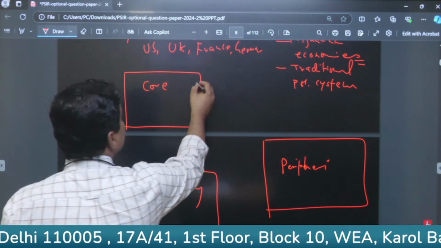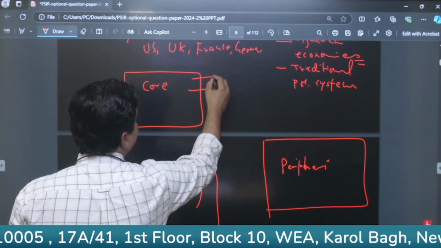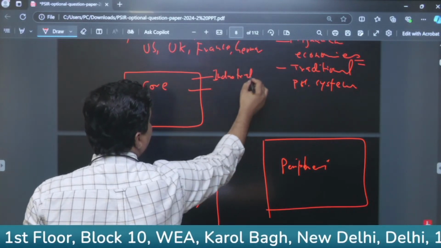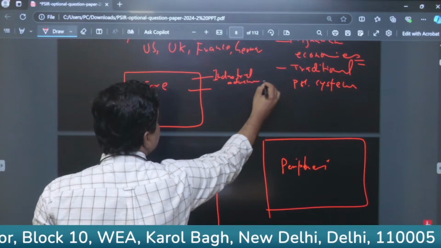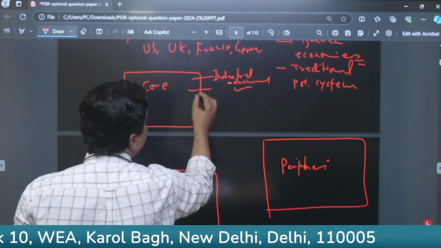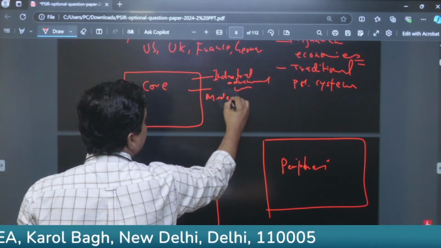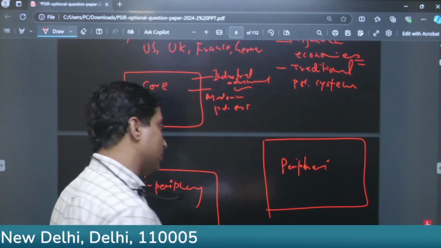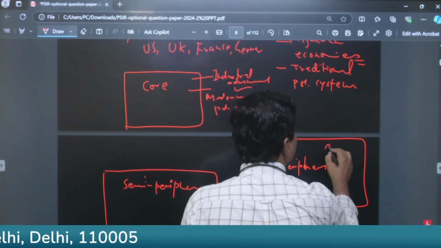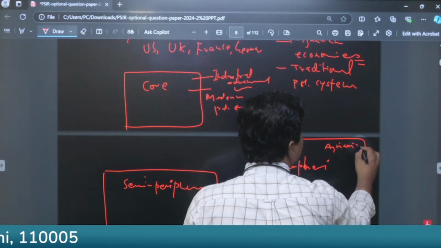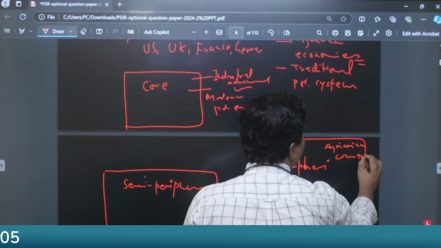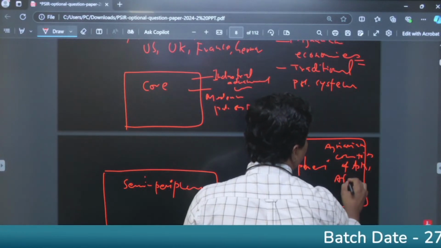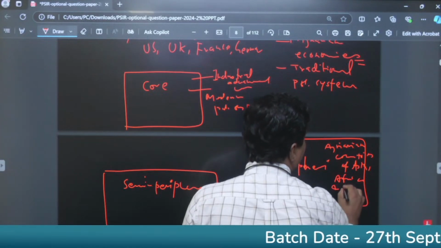Now what is core? Core is the same: industrial advanced countries, right? It has a modern political system. Periphery is the same, right? Agrarian countries of Asia, Africa and Latin America.